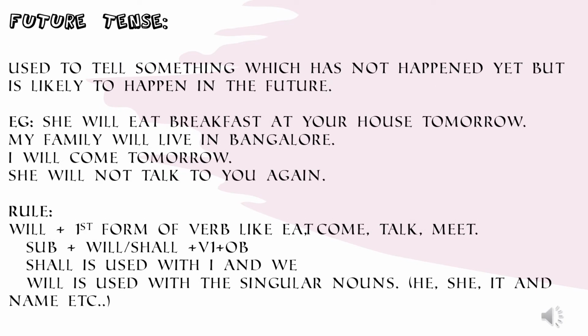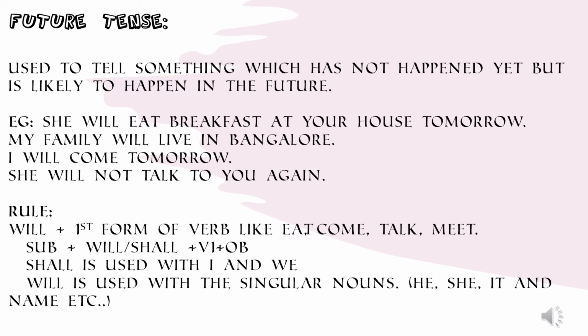Now comes the simple future tense. What is simple future tense? Simple future tense is used to tell something which has not happened yet but is likely to happen in the future. We use it to express future action, and in modern English mostly will is used with all subjects in almost all the countries of the world.